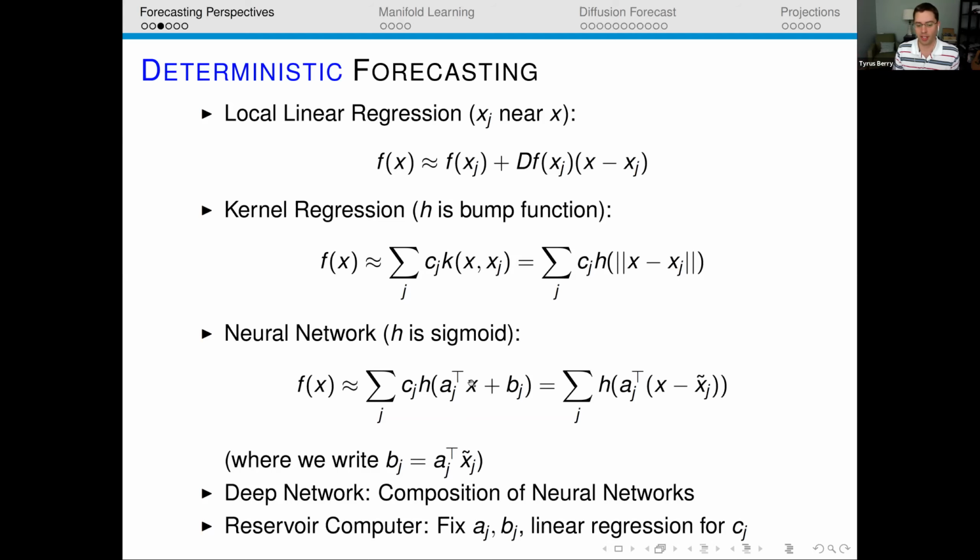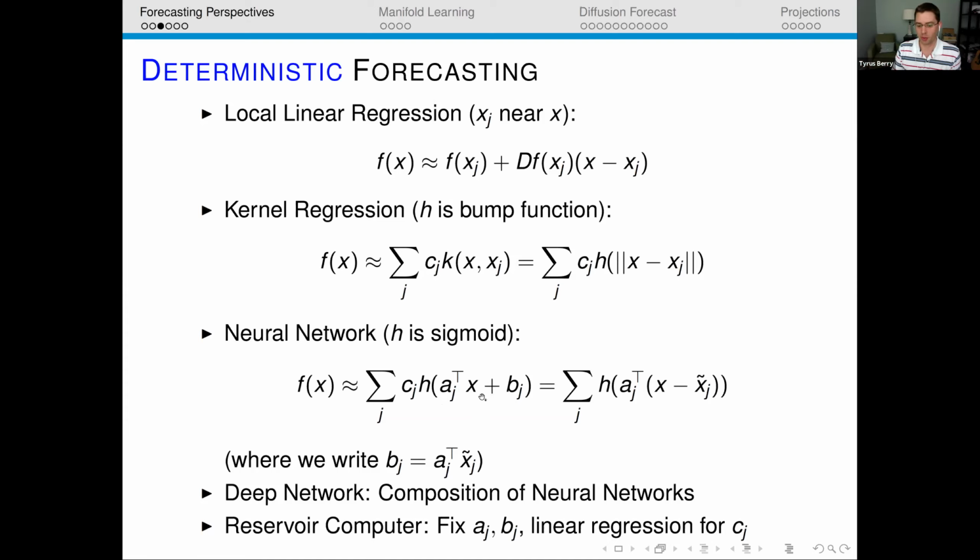The x comes in and gets hit with some parameter aj, and then it has a shift, so you just have an affine transformation before going into the sigmoid. The way they explain this is that they're adjusting the sigmoid so that it's centered around the active area of the data.